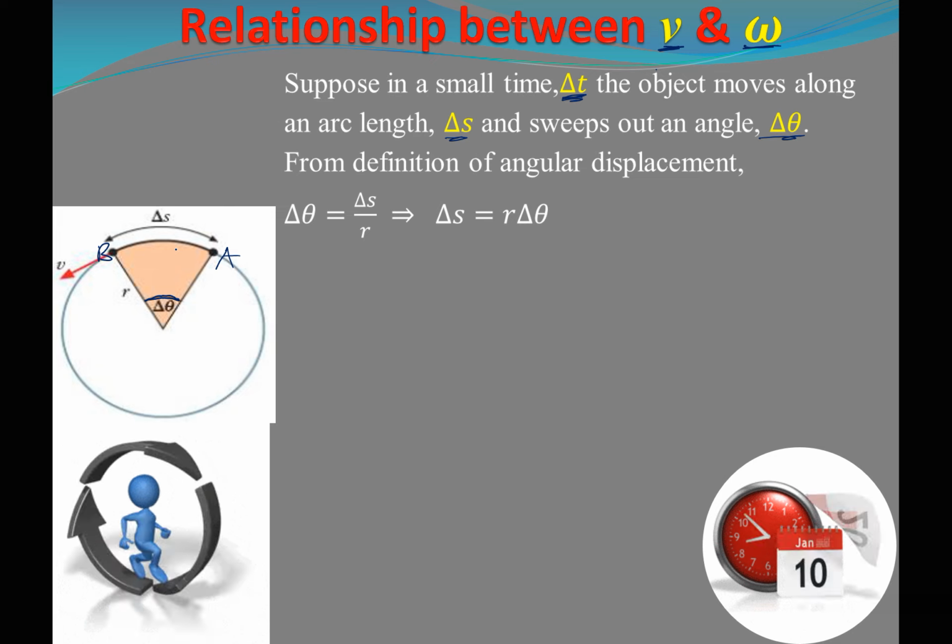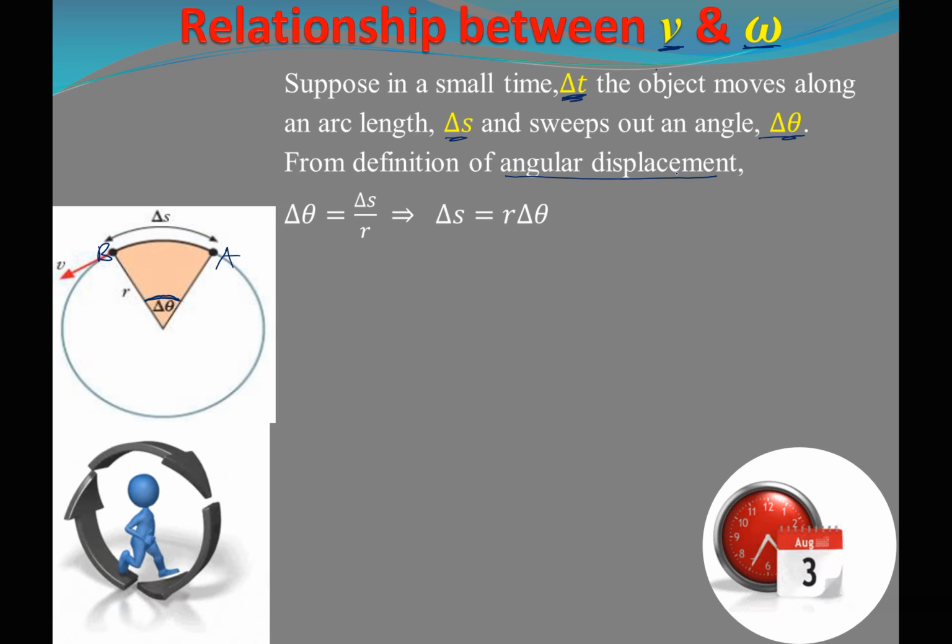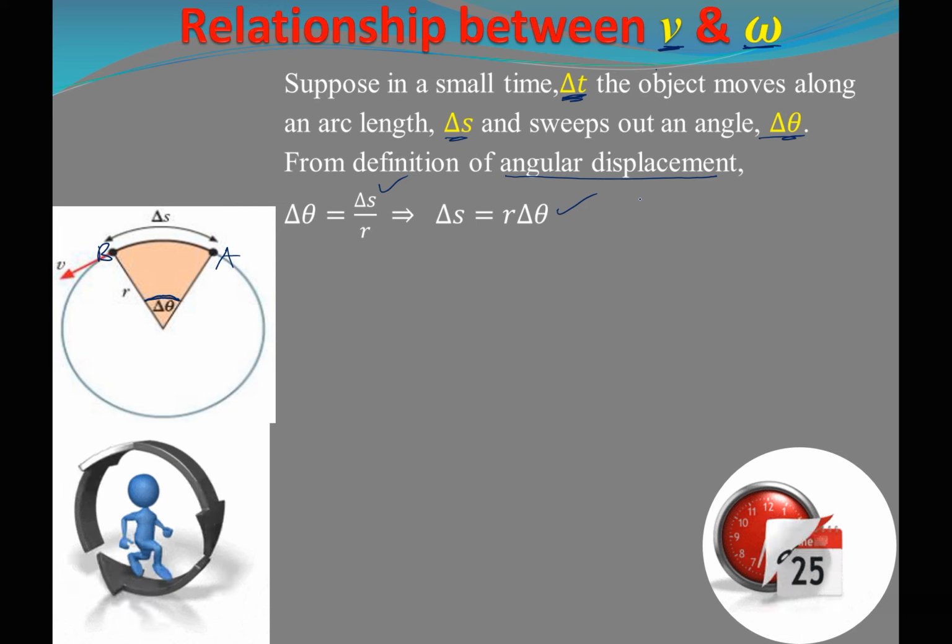The angular displacement is the ratio of the arc length to the radius, and we were able to derive delta s as being equal to r delta theta, as we saw in the previous slides.